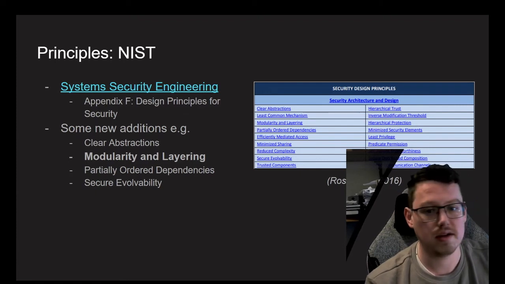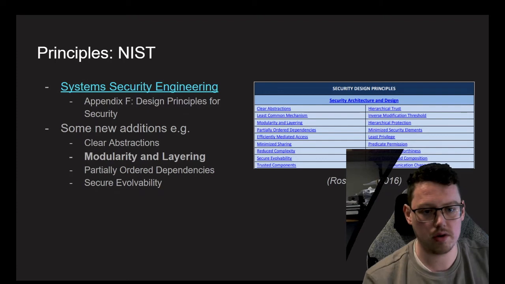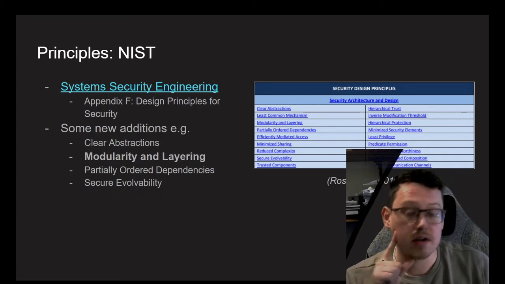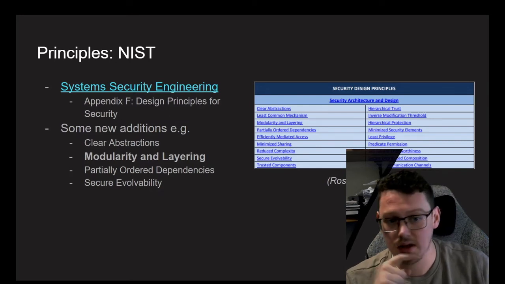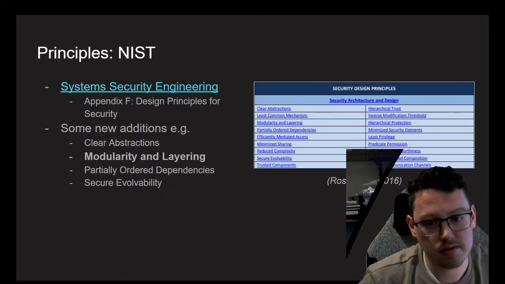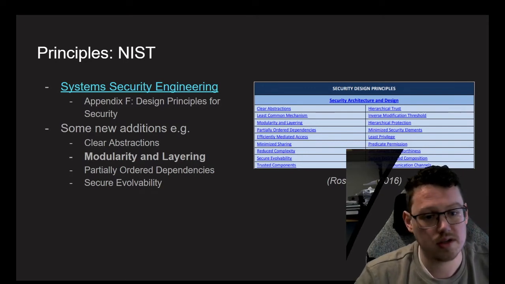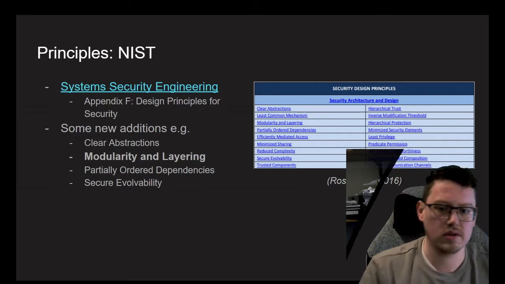And layering is a way of ordering these abstractions so that they're contained and ordered in a sensible manner. A good example of a layered system model, if you're thinking about networking, is the OSI model, which is a way of layering the different parts of the network stack.